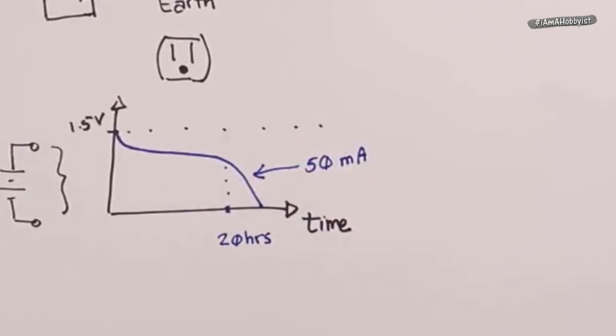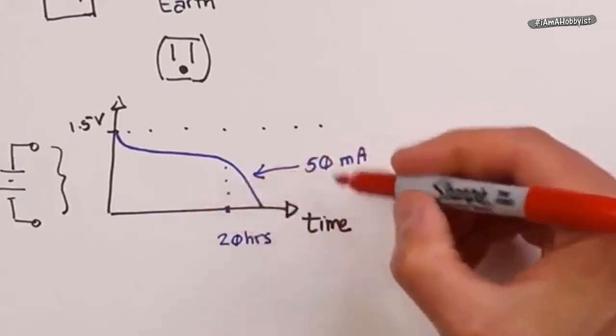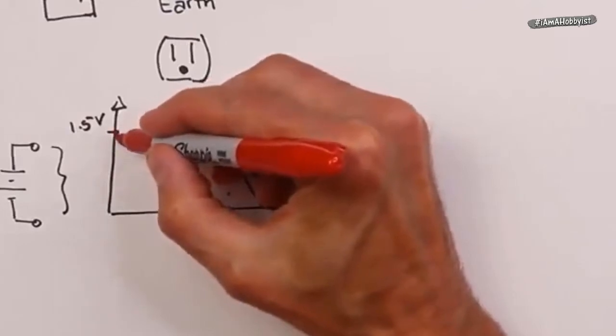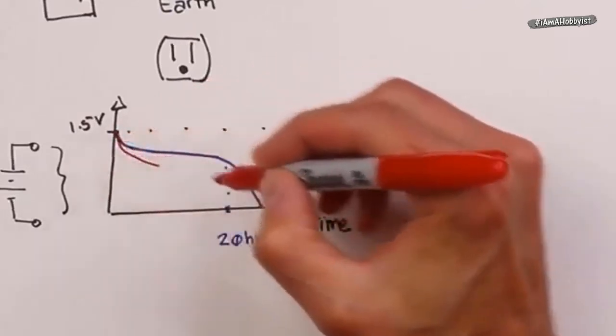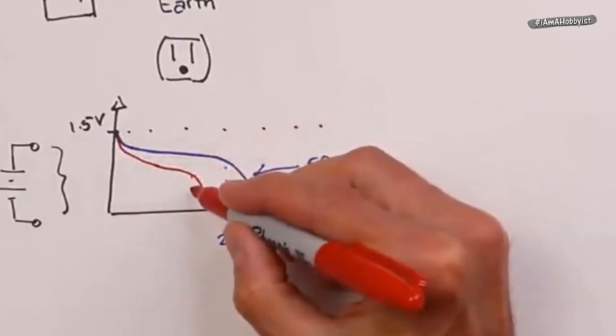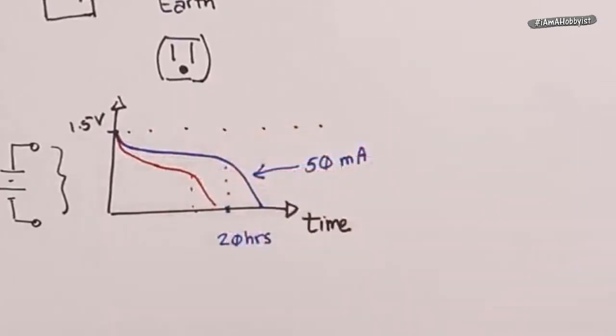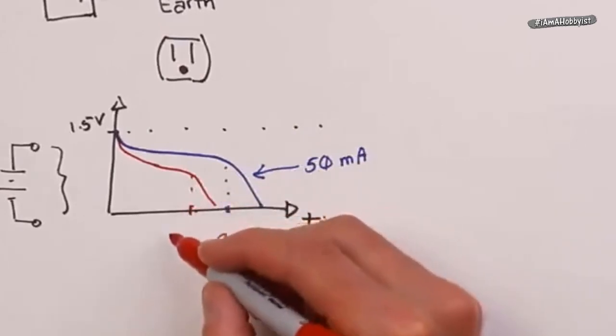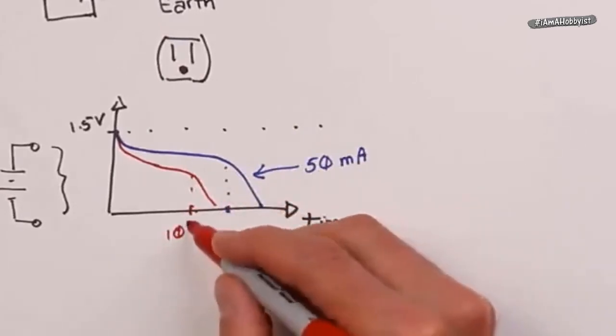Now, if we change that current draw, like we crank up the current draw, so maybe now it's double the size, like 100 milliamps, well, this whole curve goes quicker. And what you'll see is that inflection point happened much sooner. Where does it occur? Well, I'll just throw a number down. I'll just say it's 10 hours.